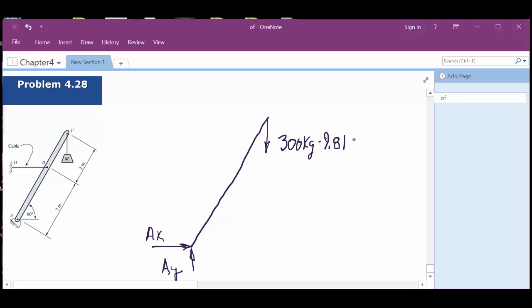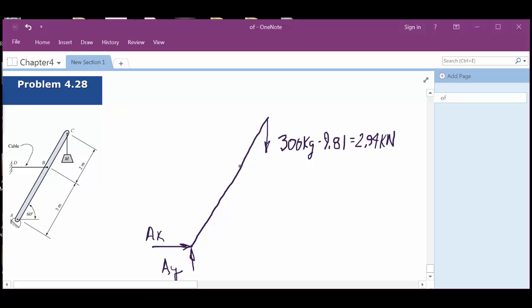So that you end up with a weight of 2.94 kilonewtons. Is it kili or kilo? Kilo, isn't it? Kilonewtons. Okay, so that's one of the little tricks you have to mess with. You have to change that to kilonewtons, right?